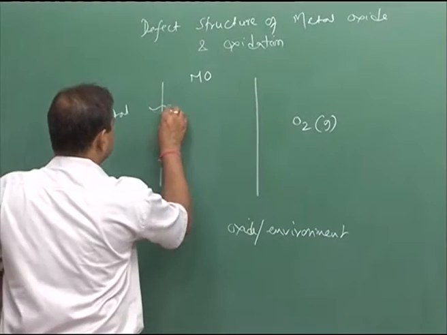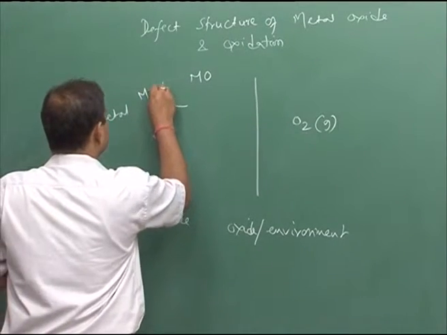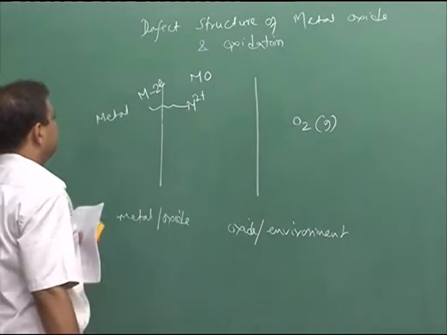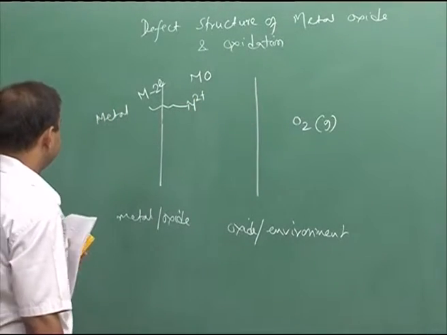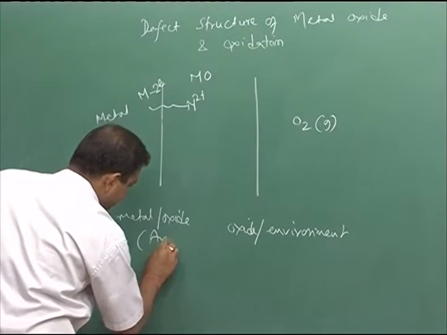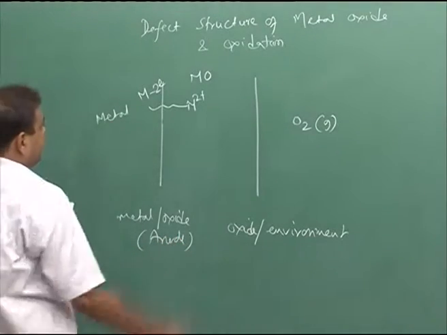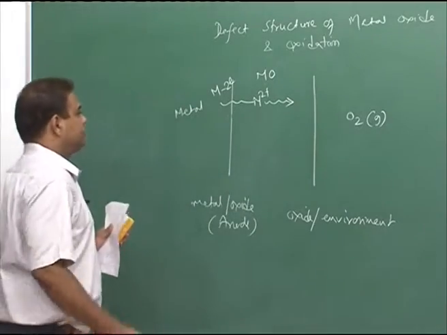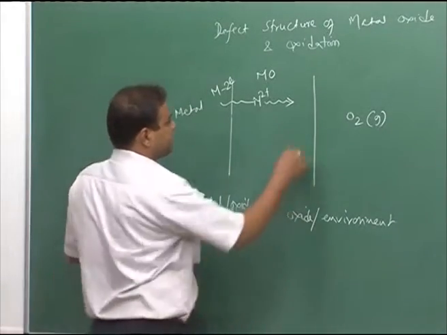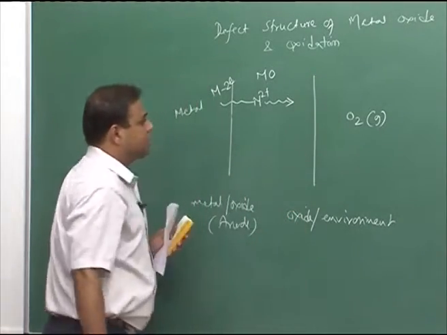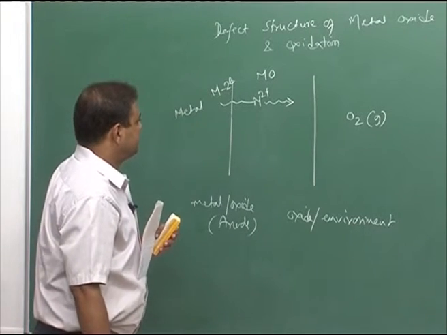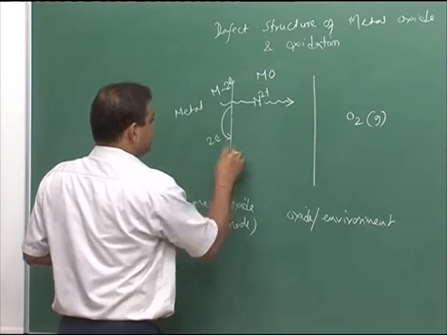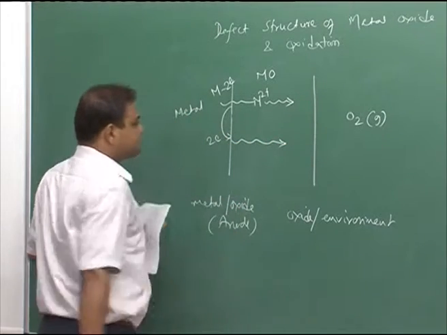So, we have M releasing 2 electrons going to M2 plus, which is the anodic reaction. So, this is the anode, and now this one diffuses through the metal oxide and reaches this oxide environment interface, and at the same time these 2 electrons will also reach the other end.